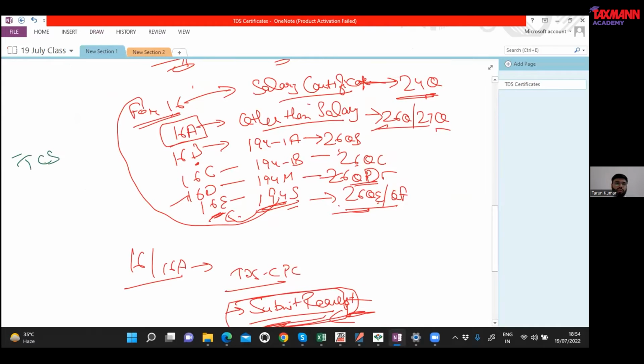A TCS certificate has to be issued in form 27D. It is a single form. There are not multiple forms or certificates in which a TCS certificate is issued. So there are 6 types of TDS certificates and only a single type of TCS certificate, form 27D.